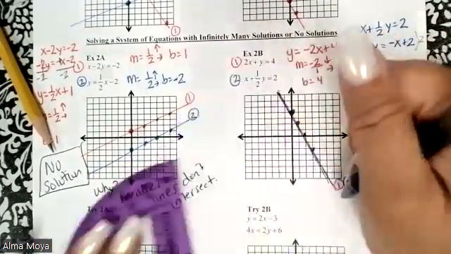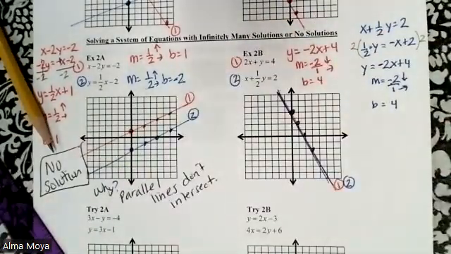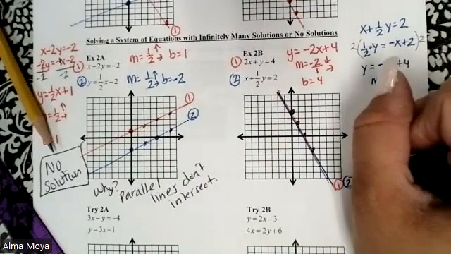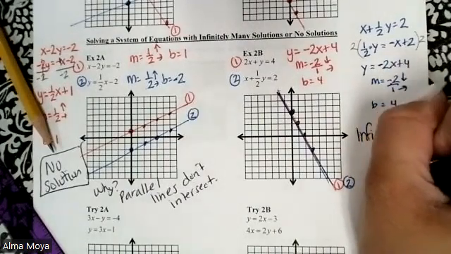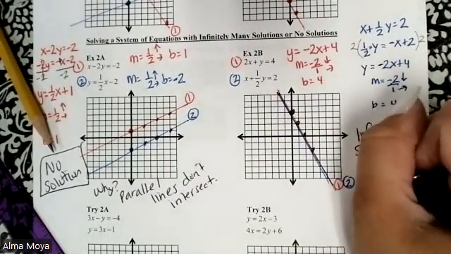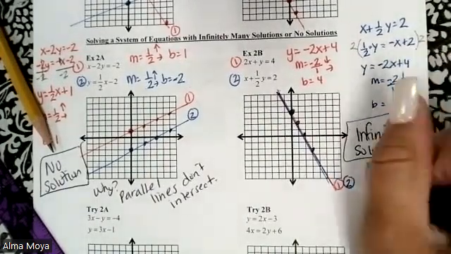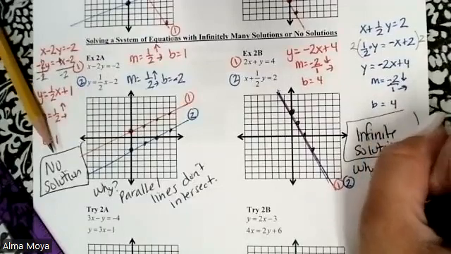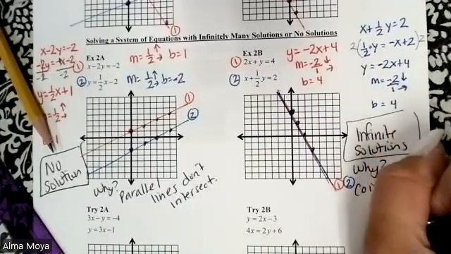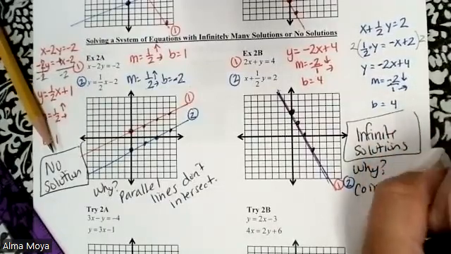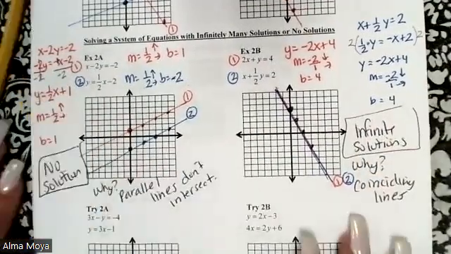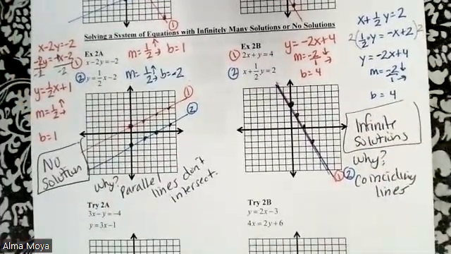So the blue and the red line are on the same line. Therefore, this one is infinitely many solutions. And why? Because they are coinciding lines. They are the same exact line.